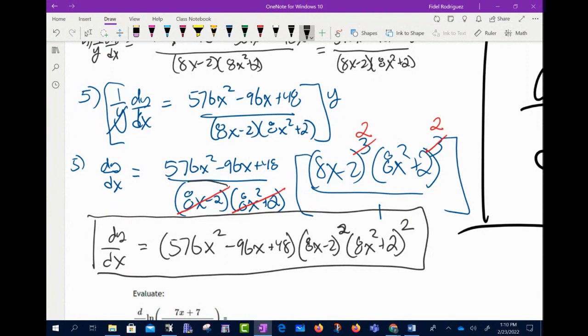How many 8x minus 2s do I have down here? Just one of them, right? How many do I have up here? So when they cancel, we're still left with 2, right?